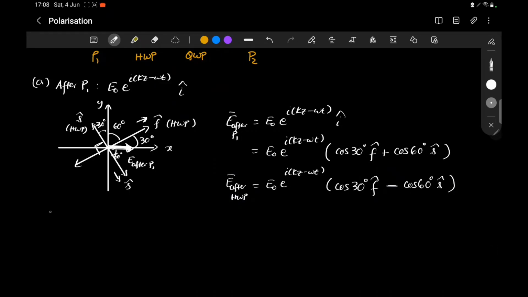So let us rearrange some terms. Cos 30 degrees is root 3 by 2, and cos 60 degrees is half. Now let us write f cap and s cap in terms of I cap and j cap, that is along x and y.